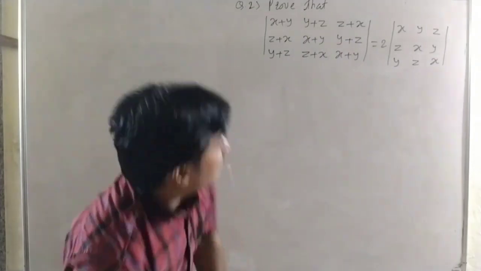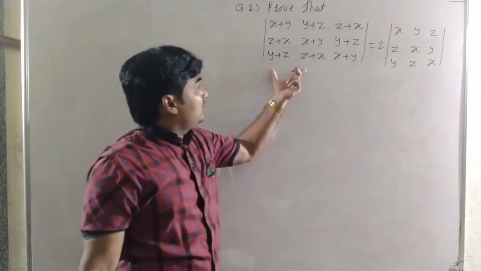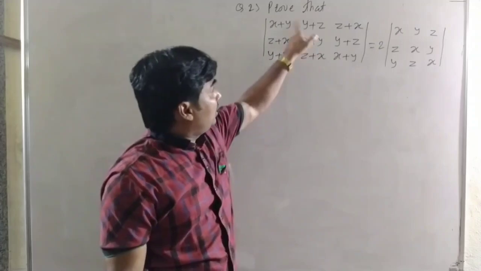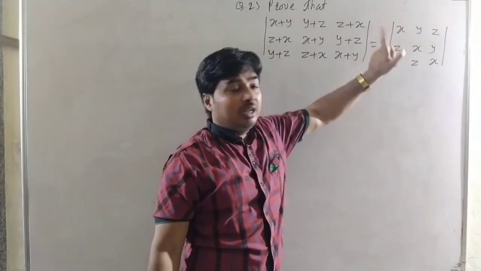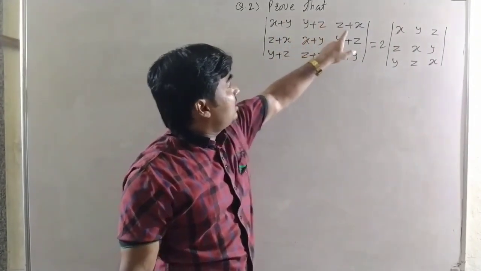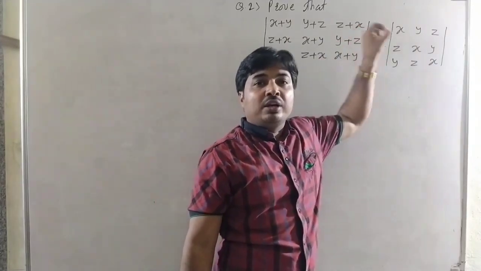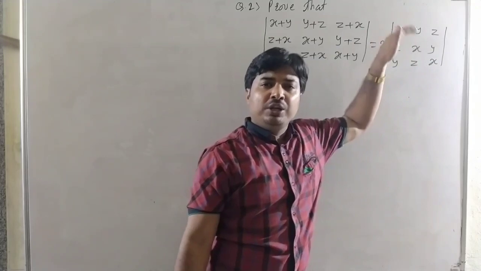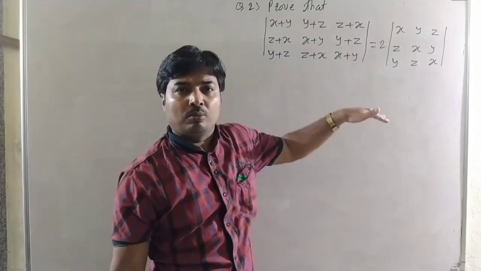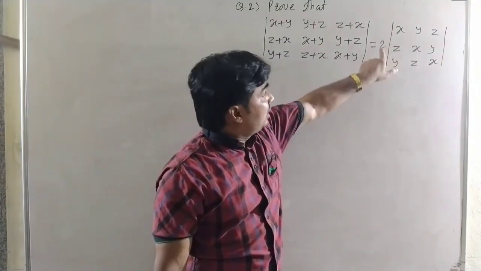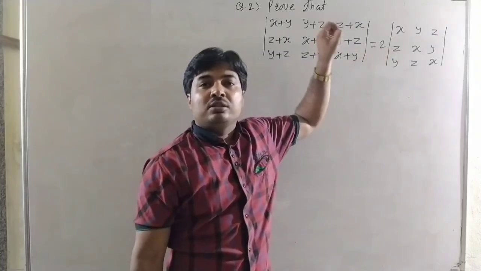Now, given the determinant is this, we have to prove its value is equal to this. Here we have x plus y, y plus z, z plus x, but we want 2 into the determinant. That means we can take a 2 common from any one row or any one column, and then write this 2 outside the determinant.